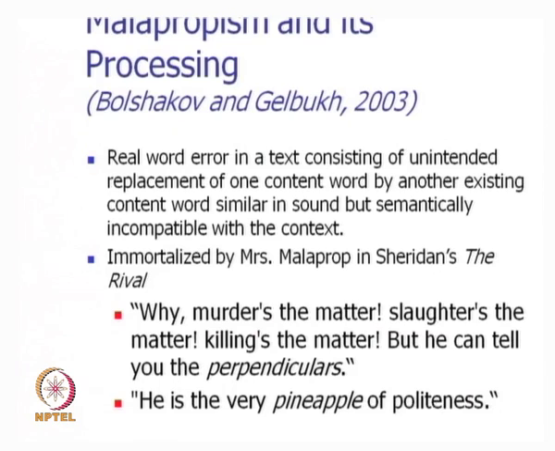If there are syntactic errors, then there are systems which do grammar check and come up with suggestions, or at least show that something is wrong grammatically with the sentence. But words which are spelled correctly, but are semantically odd, do not fit in the semantics of the context, they are harder to detect. So, we will discuss this problem in the next lecture.